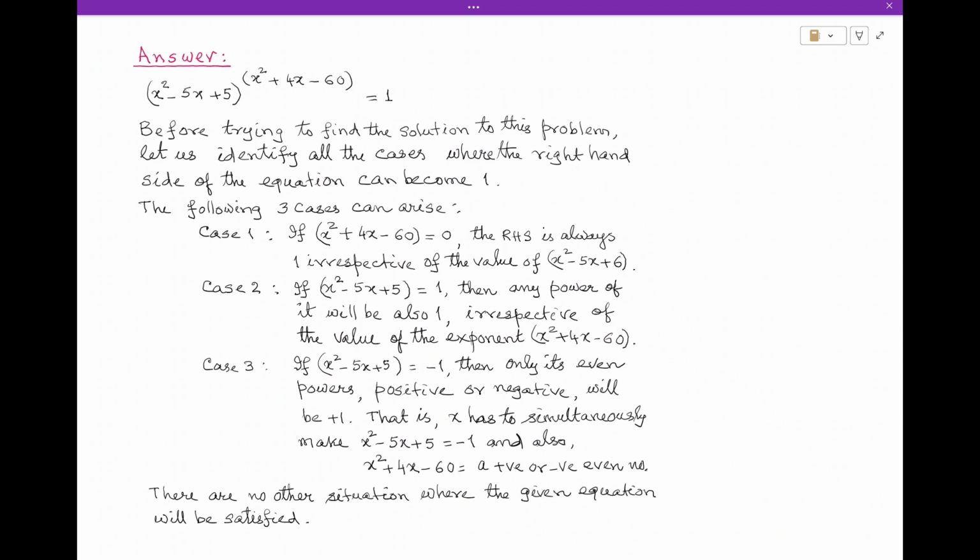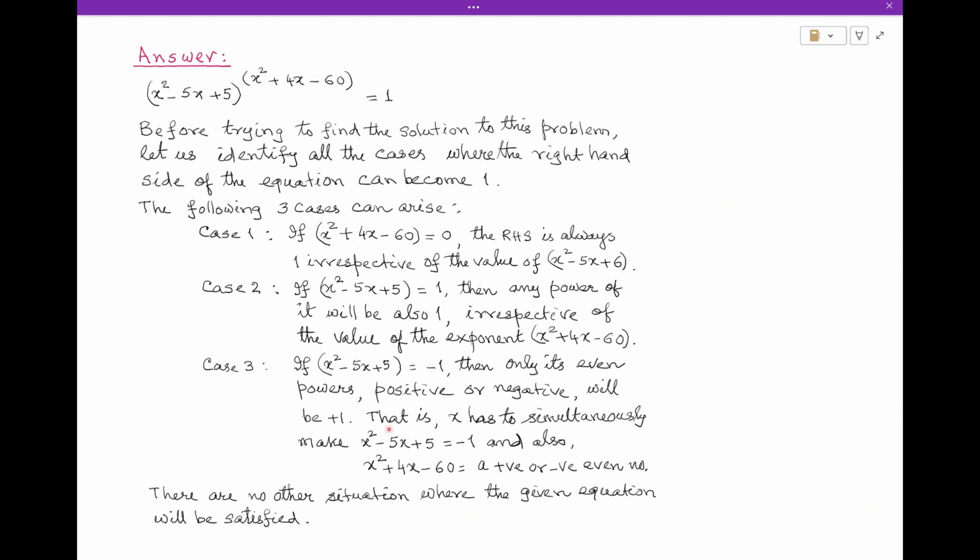x² + 4x − 60 is an even number, because −1 raised to the power of an even number is +1.